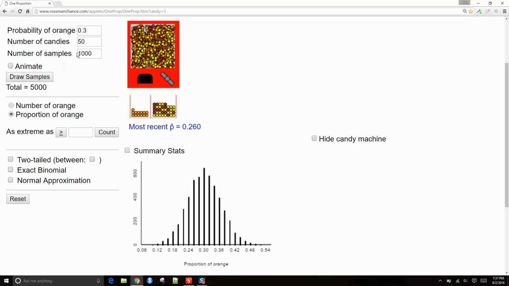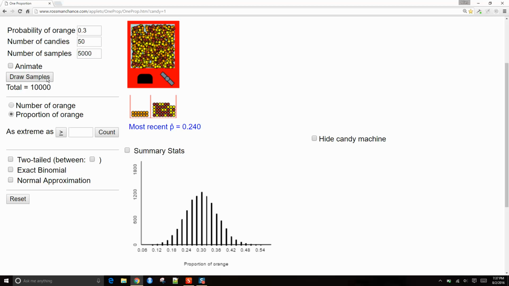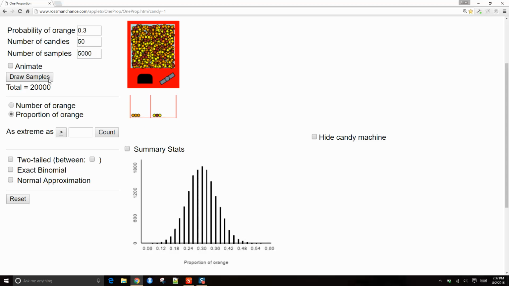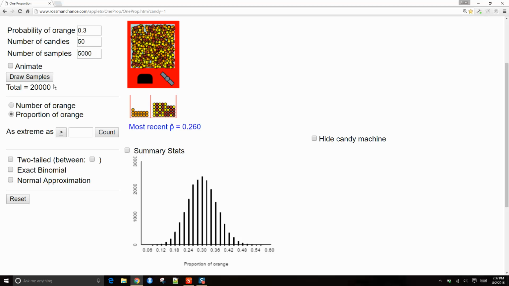This is after 5,000. Here's our distribution after 10,000. And this is it after 20,000 simulations. After 20,000 simulations, we have this shape right here.